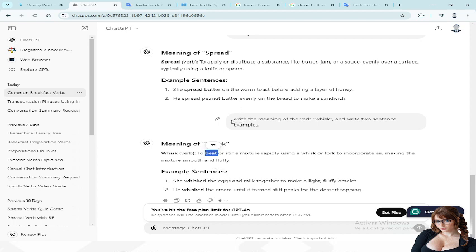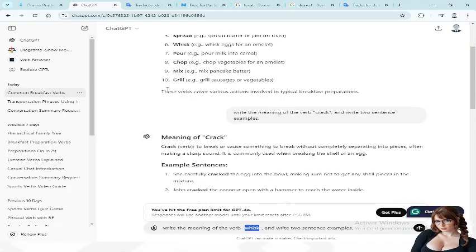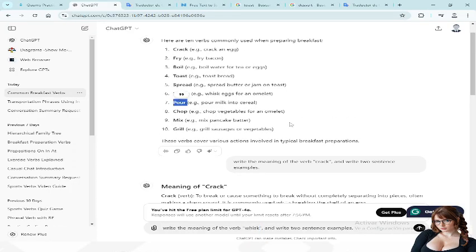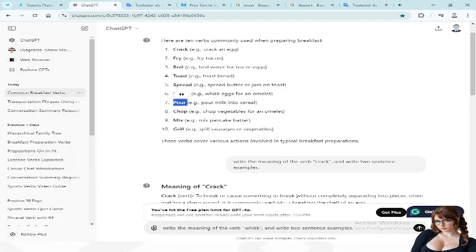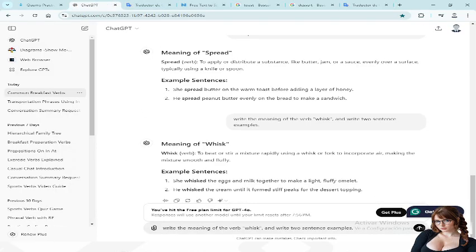Okay, the next verb that we are going to practice is pour. Pour. When we have water and we don't take care, we suddenly pour the water on the floor. Pour.